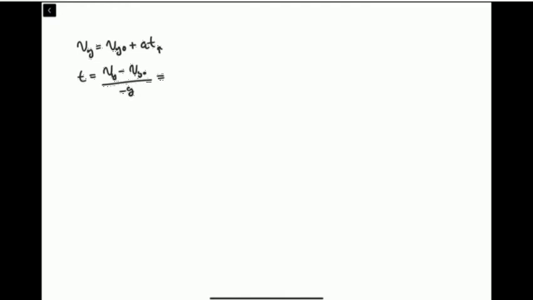The final velocity is going to equal 0. Negative and negative is going to be positive. So time up is going to equal initial velocity sine theta naught over gravity. So that's the time to reach the highest point.